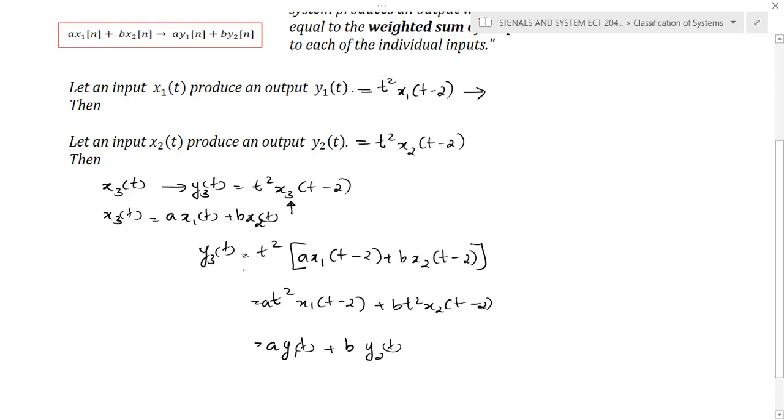So the given system is linear because here you are applying a weighted sum of inputs, and you are getting output as a linear combination output, or you can call it a weighted sum of output. So the given system is linear.